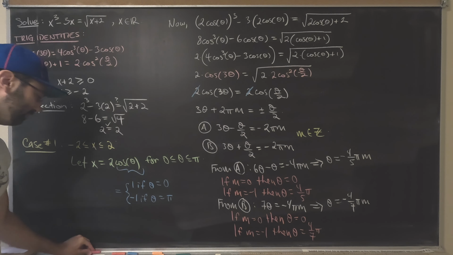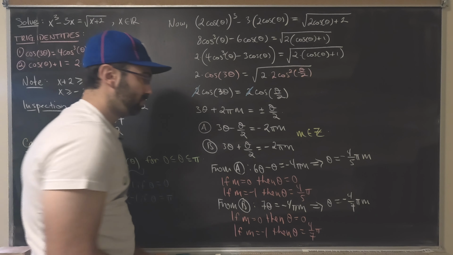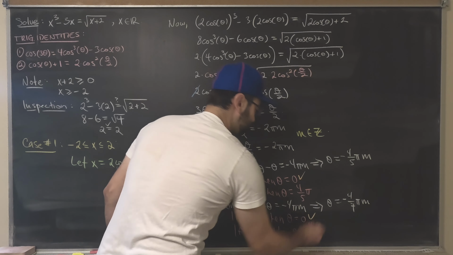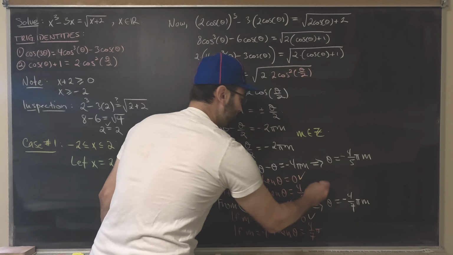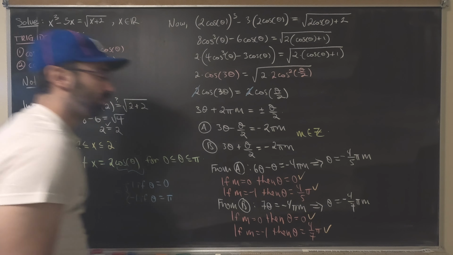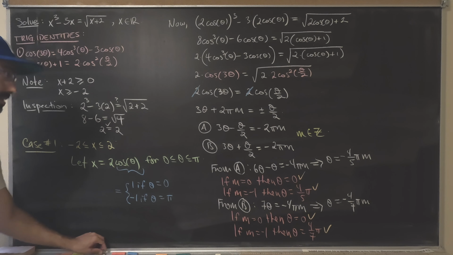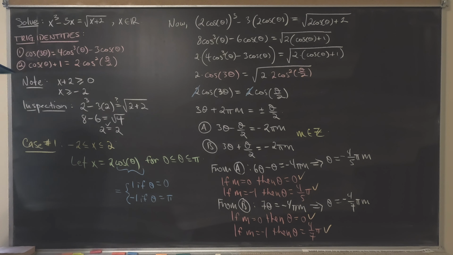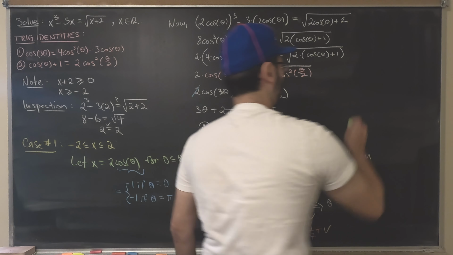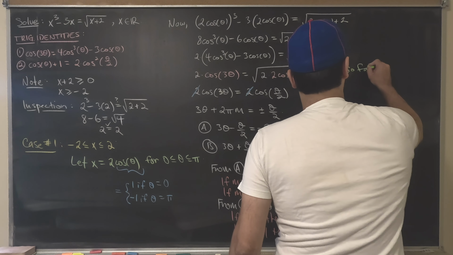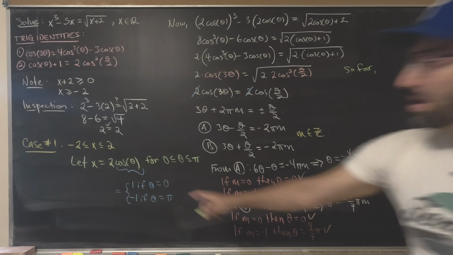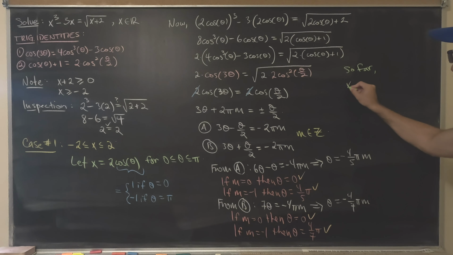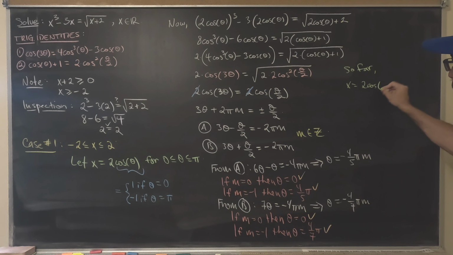Okay, great. So what we end up with is theta equals 0, theta equals 4/5 pi, and theta equals 4/7 pi. So far, x is then 2 cos of 0. 0 is one solution we have for theta, so our solution for x is 2.